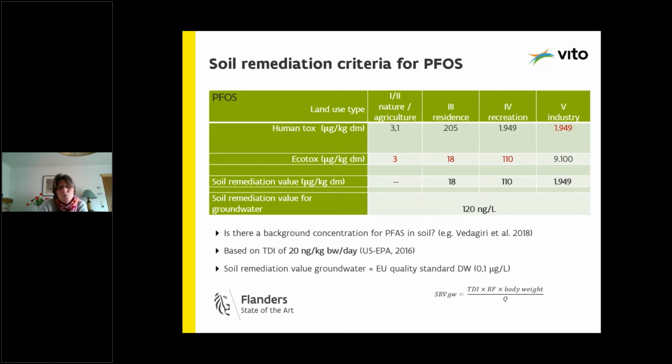It's interesting to mention that the soil remediation value we obtained for groundwater of 120 nanogram per liter, which is calculated by a straightforward formula, is in the same order of magnitude as the EU quality standard for drinking water of 0.1 microgram per liter.